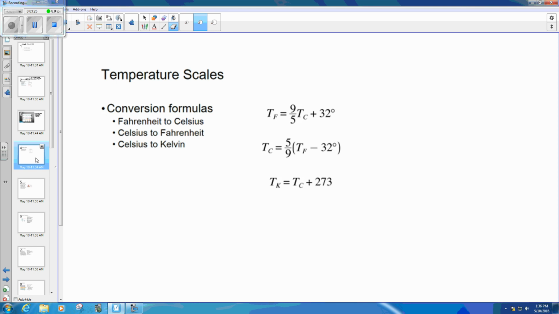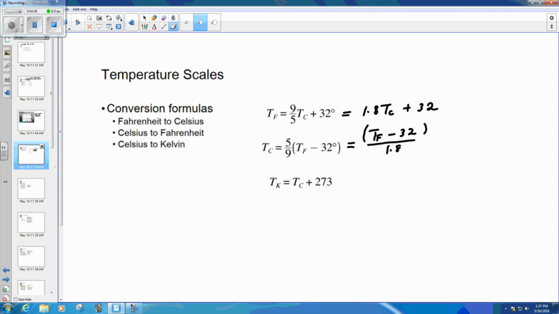The conversion factors that are used are really very simple. To convert from Celsius to Fahrenheit, we can use this first formula here, which is 1.8 times the temperature in Celsius plus 32 will give us a temperature in Fahrenheit. If we have a temperature in Fahrenheit and want to change to Celsius, we can take that temperature in Fahrenheit, subtract the 32, which is the freezing point, and divide that by 1.8, or use the formula that you see to the right.